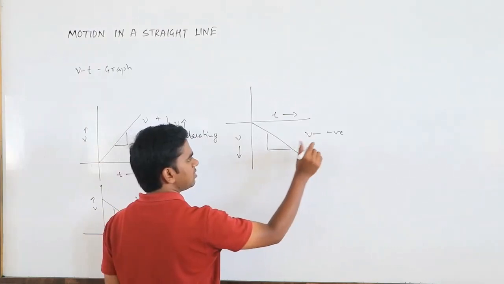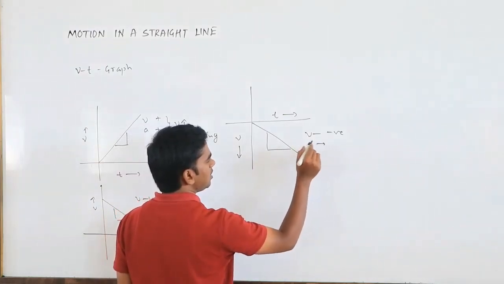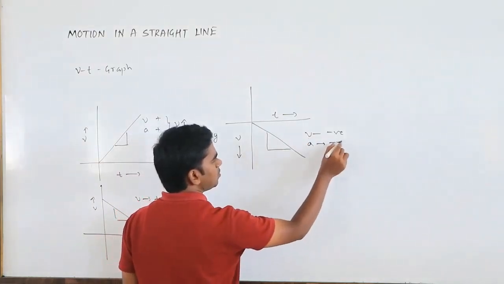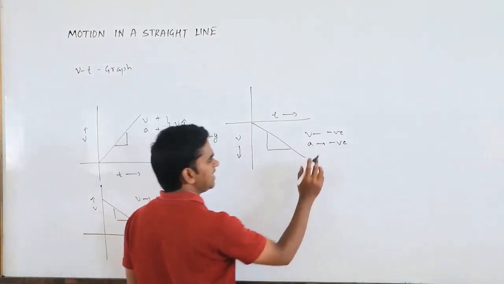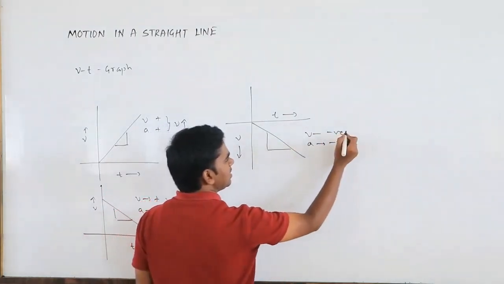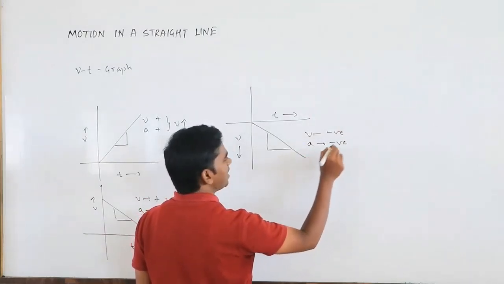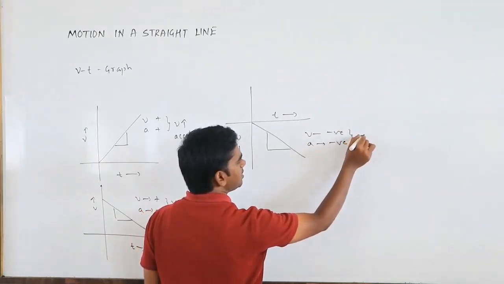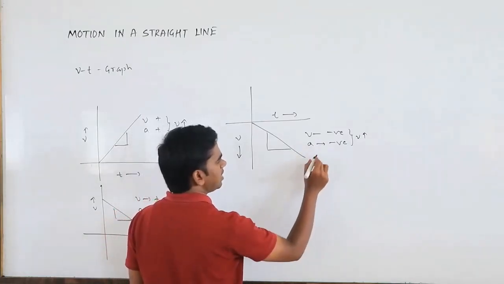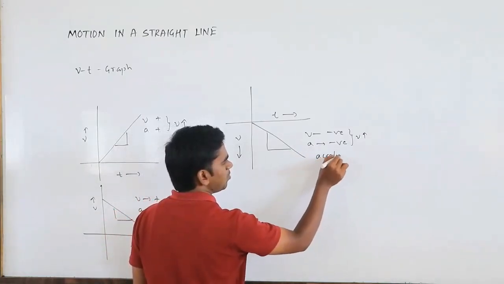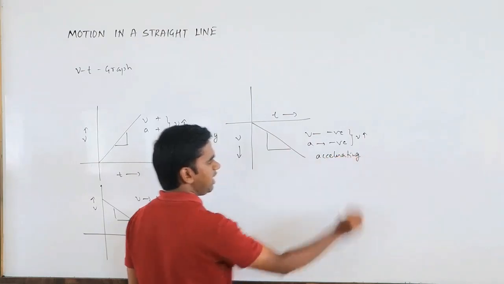So V2 is greater, and your acceleration is also going to be negative. Both have the same sign, so you can say velocity is increasing, as you can understand from the graph. The body is again accelerating.